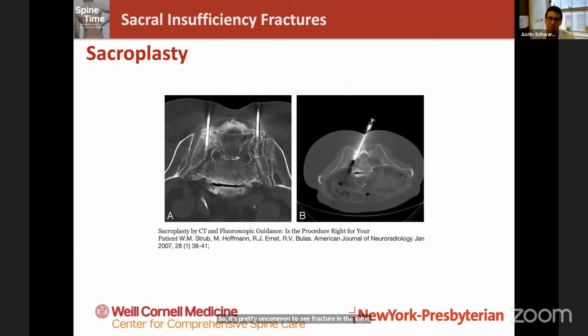Certainly, if we feel we haven't gotten adequate fill, or if there is a new fracture, we can go back and retreat that area. But typically our algorithm is that if somebody has a fracture of any bone due to osteoporosis or osteopenia, we treat to help reduce the pain by doing the sacroplasty, putting them on over-the-counter medications.